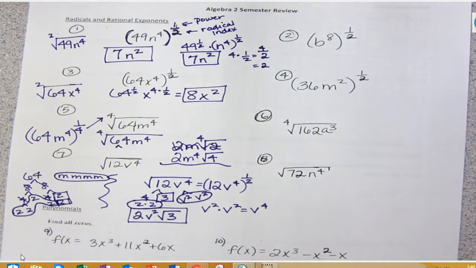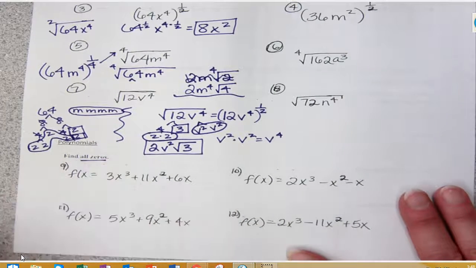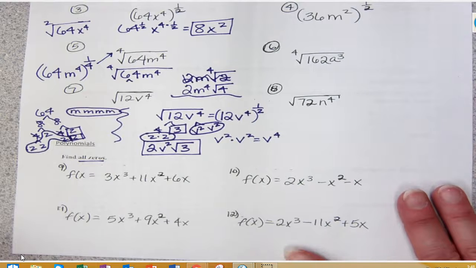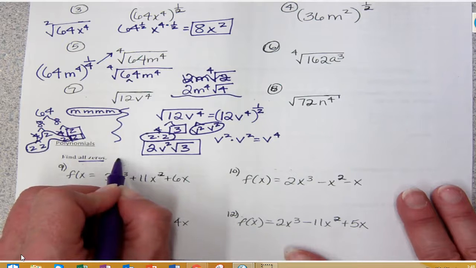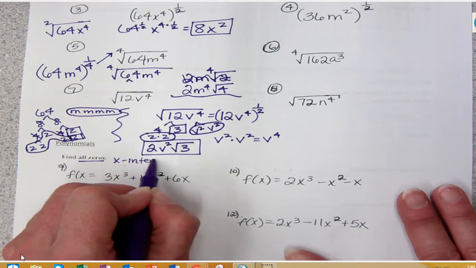All right. Here this is asking to find all the zeros. Basically, there's a few different ways to do that. What you're trying to do is see where it crosses the x-axis. So these are your x-intercepts.